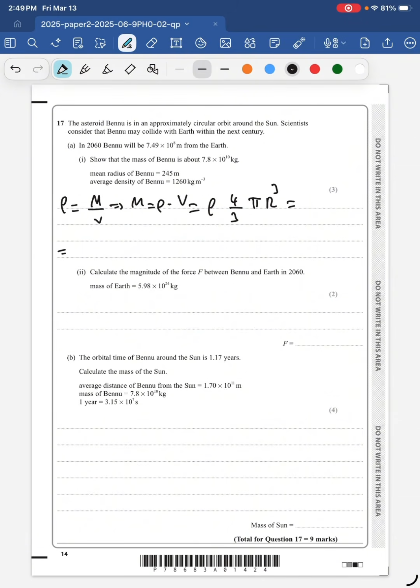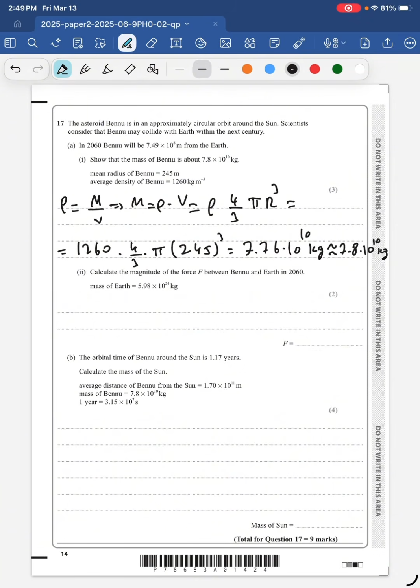So if you plug in the numbers, we have 1,260 times 4/3 times pi times 245 cubed. And this yields 7.76 times 10 to the 10 kilograms, which you can write as 7.8 times 10 to the 10 kilograms.